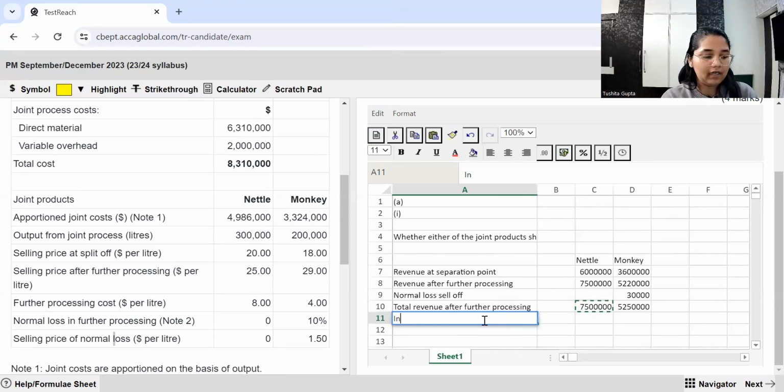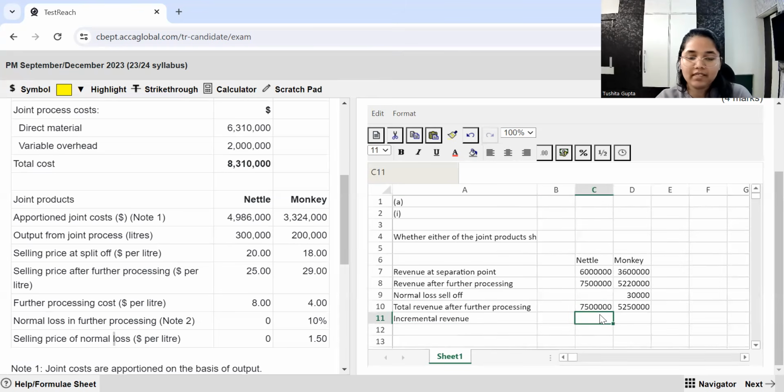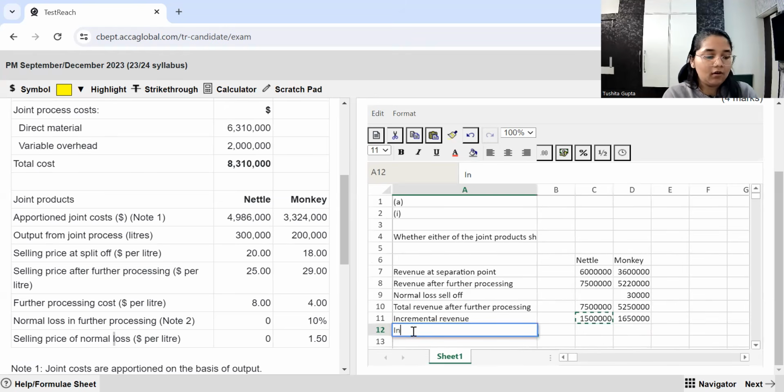So now I can find out my incremental revenue, that is how much is the change, how much extra am I going to get after processing them further. So it is going to be the difference between these two things. Right, I can copy paste this formula over here also. So this is the additional revenue that I have now. Now I'm going to calculate my incremental cost.